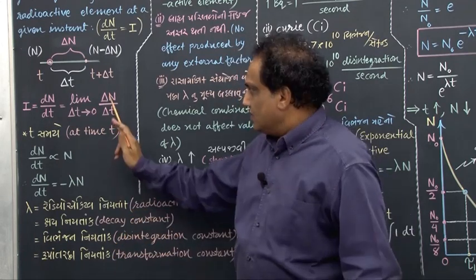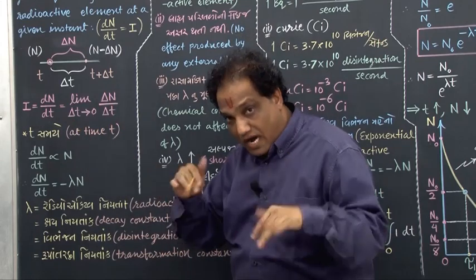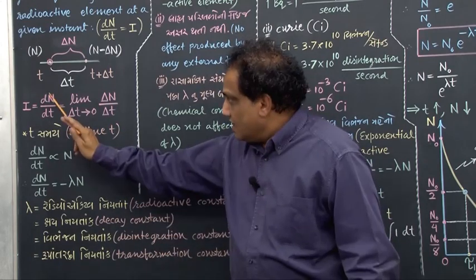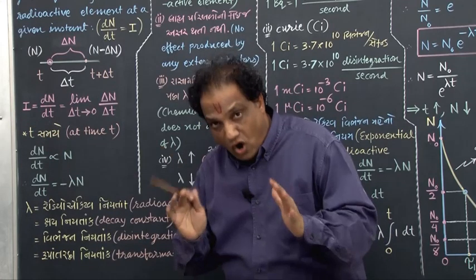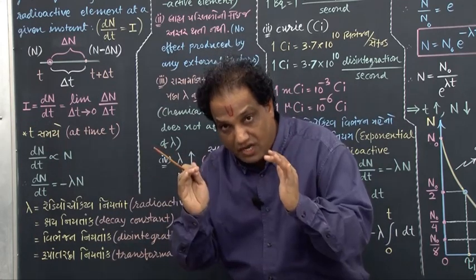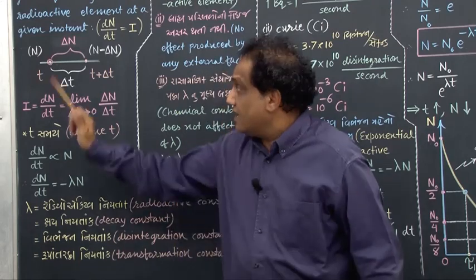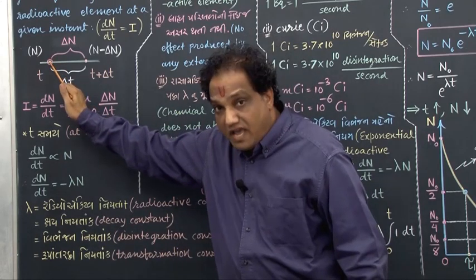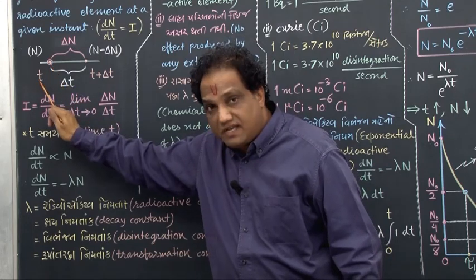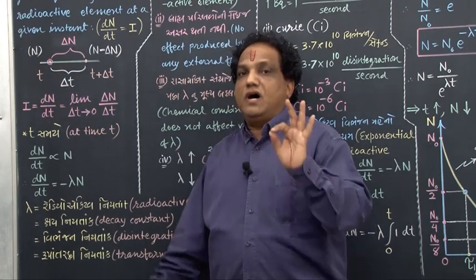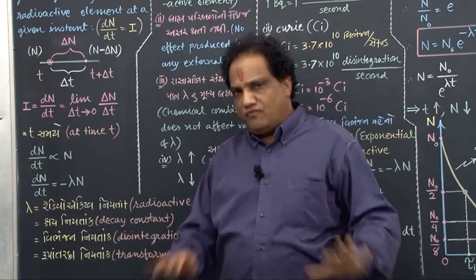Now the same term should be called, from now onwards, the rate of disintegration or activity of a given quantity of a given radioactive element at a given instant of time. Right now that instant we have chosen is instant t. Got it? Now how would you define it? Very simple.